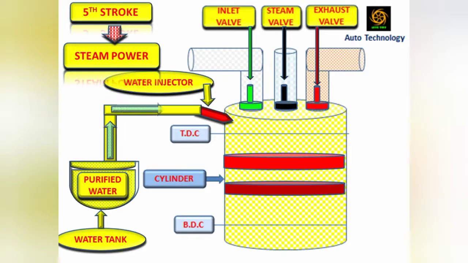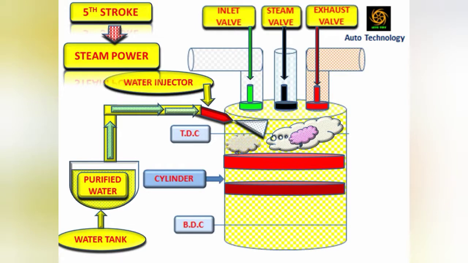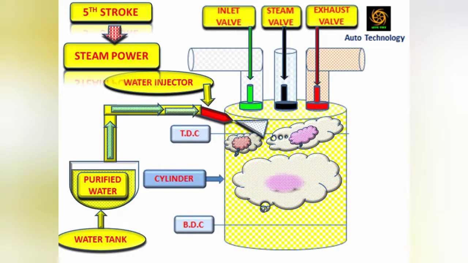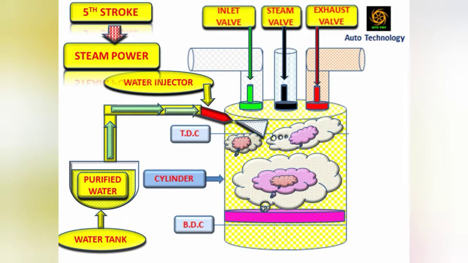This injector injects water inside the cylinder in atomized form. This atomized water turns into vapor due to the temperature of the heated piston and cylinder, and increases volume and pressure inside the cylinder. So the piston moves downward from TDC to BDC by force. This is the additional power stroke of the 6-stroke engine.